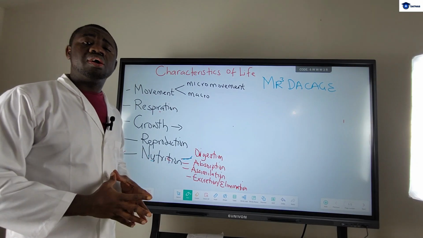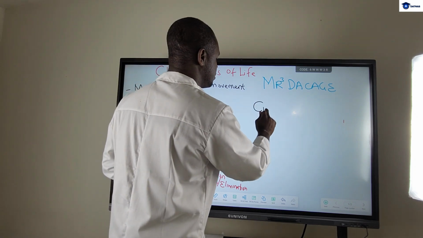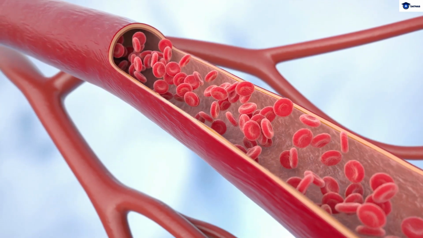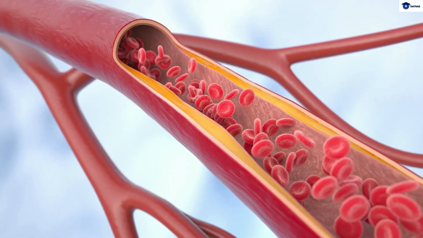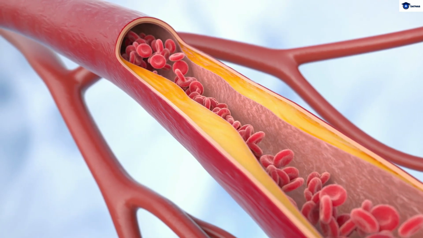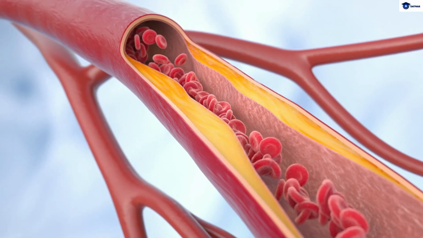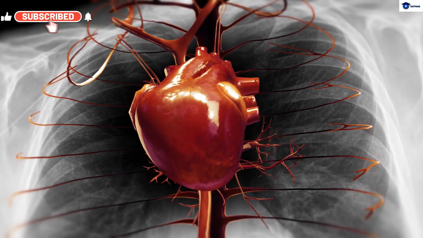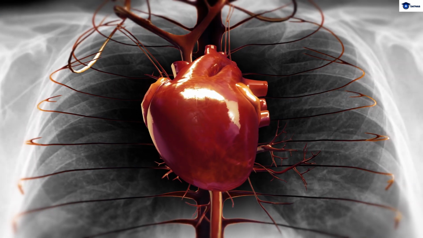Another characteristic of life is circulation. Circulation means the flow of blood within the blood vessels, and this flow of blood is achieved by the pumping action of the heart.